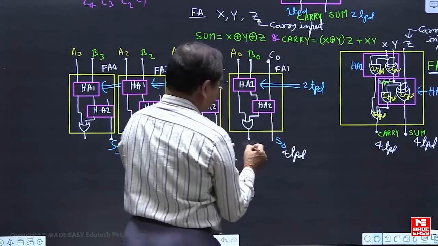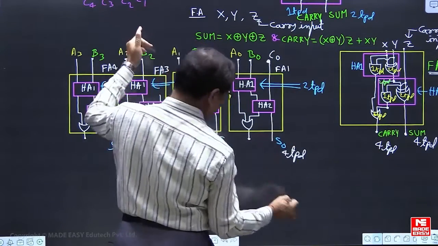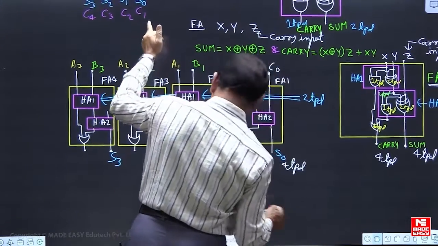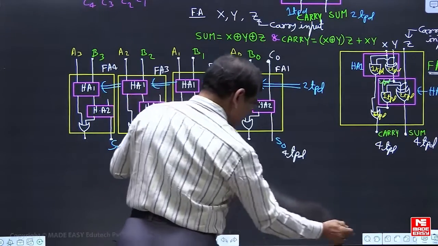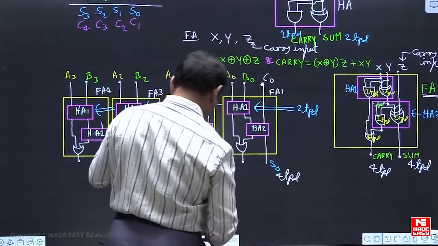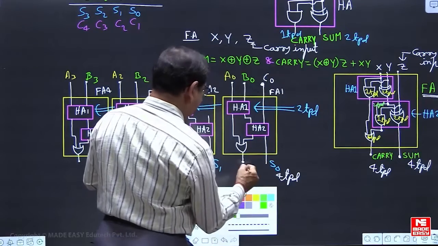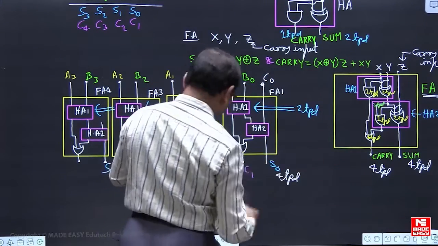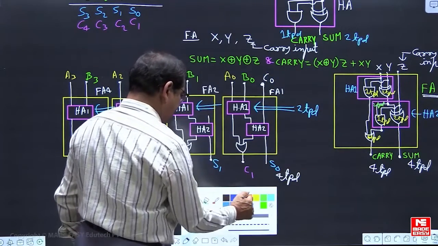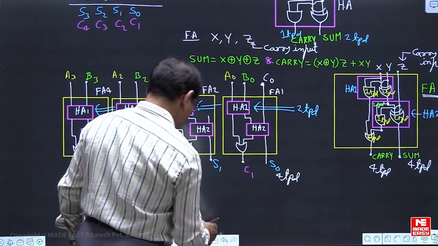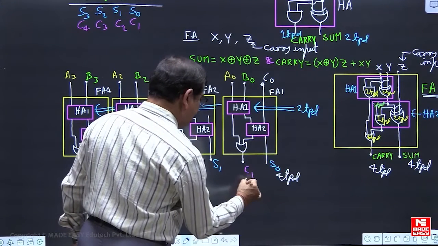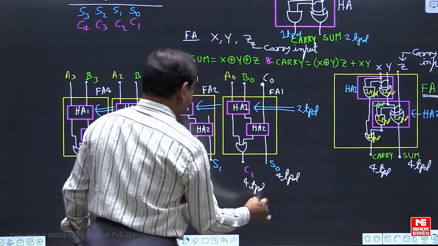This carry output is to be named now C1. So C1 कितना टाइम के बाद में मिल रहा? C1 is available, of course, after 4 TPD.